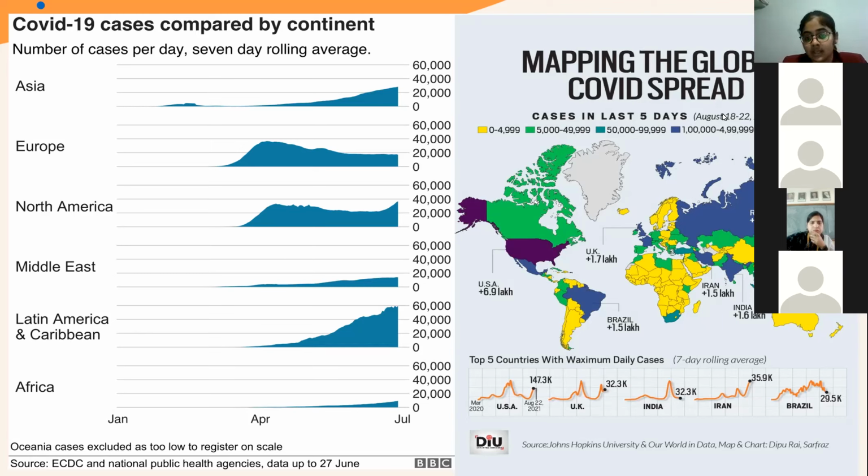On your right hand side, there is a map where you can see different countries having a maximum number of COVID positive cases, with USA at the top with 6.9 lakh COVID positive cases. Other countries like UK, Brazil, Iran, India, Japan, and Russia have COVID positive cases less than 2 lakh.